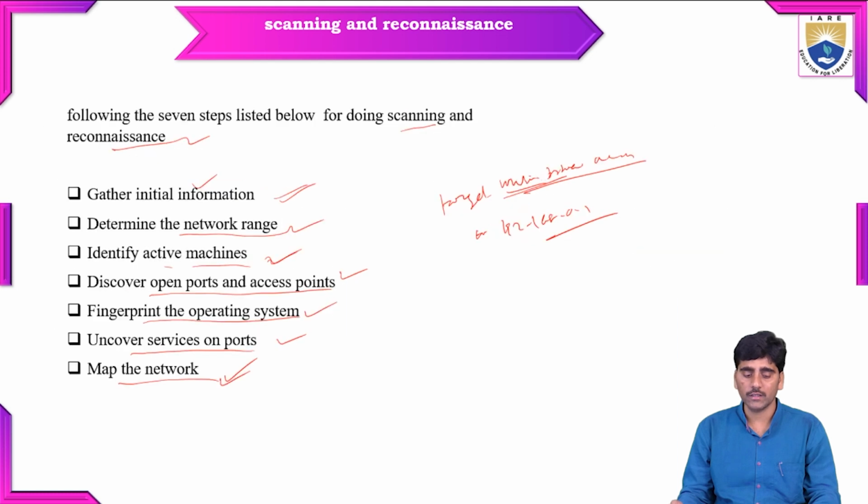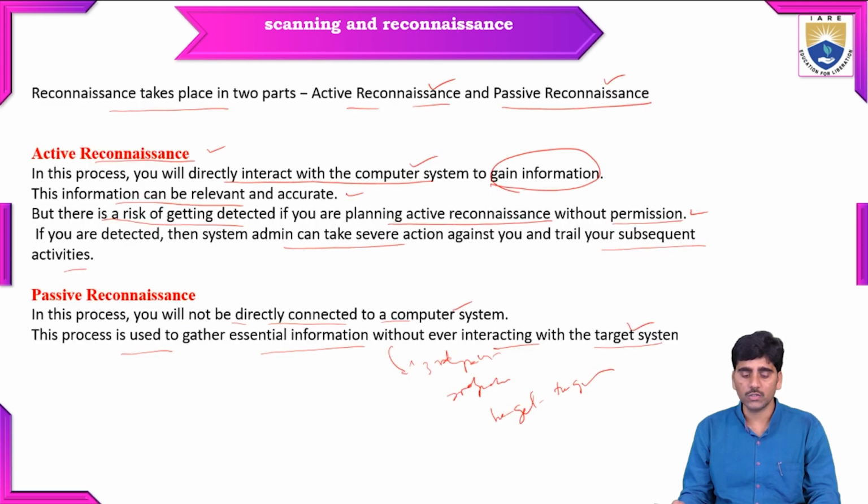And types of scanning. Before doing the scanning, initially we have to collect information: gathering initial information, determining the network range, identifying active machines, discovering open ports, fingerprinting the operating system, uncovering services on ports, and mapping the network. These are the steps for doing scanning. There are mainly two types of scanning: active scanning and passive scanning.